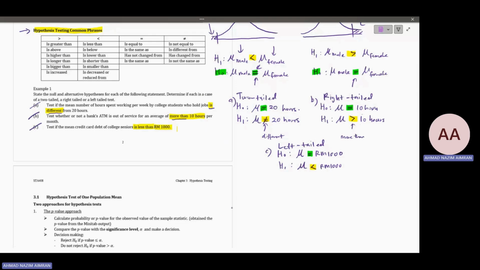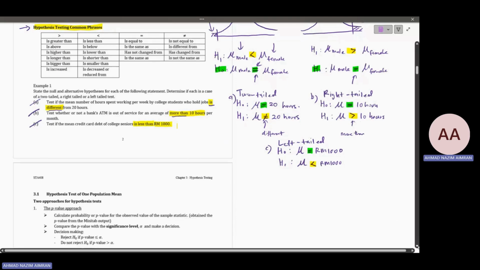Now, let's look at 3.1, hypothesis test of one population mean.